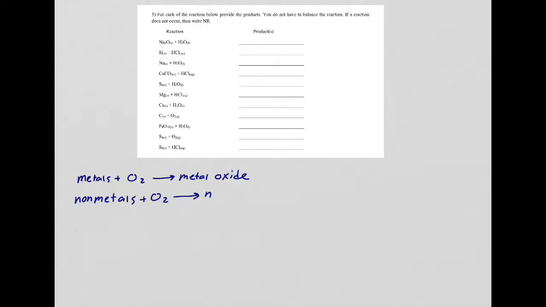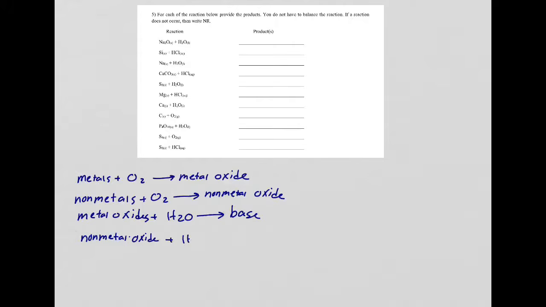Non-metals plus O2 gives you non-metal oxide. Okay, now metal oxide plus water gives you a base. Okay, now non-metal oxide plus water gives you an acid.